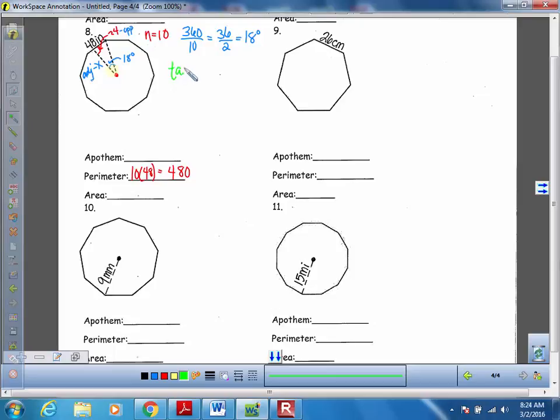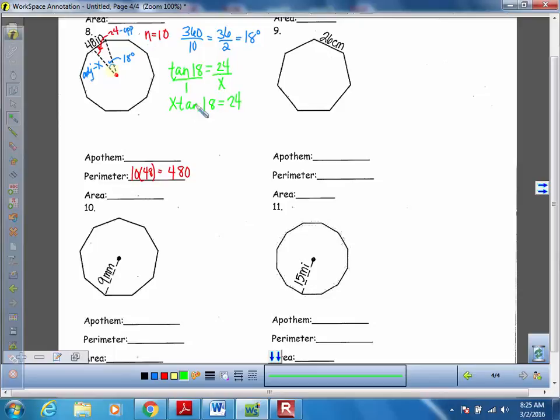So we would have to do tan of 18 equals opposite, which is 24, over adjacent, which is x. Remember to put this side over 1 so that we can cross multiply. When we cross multiply, I get x tan 18 equals 1 times 24, which is 24.